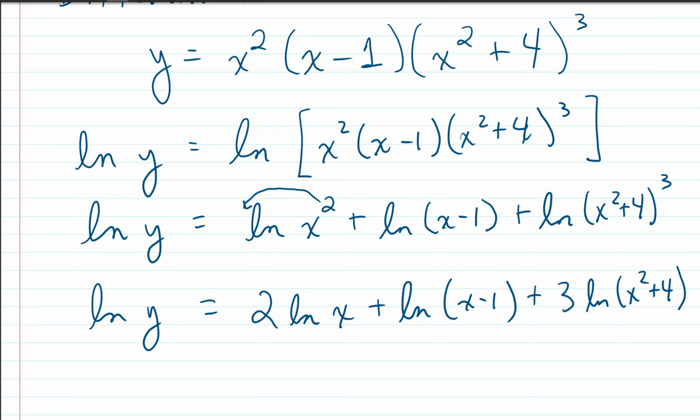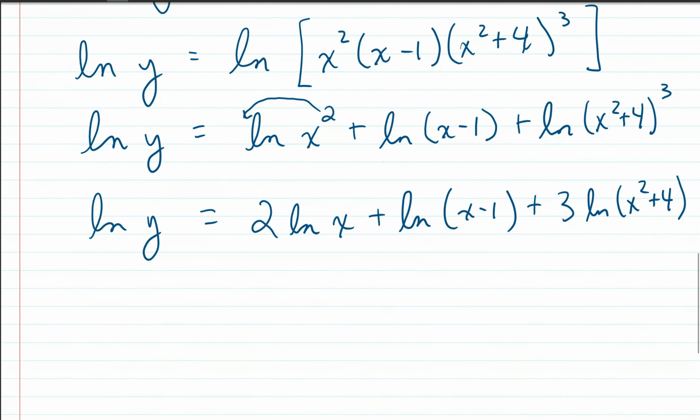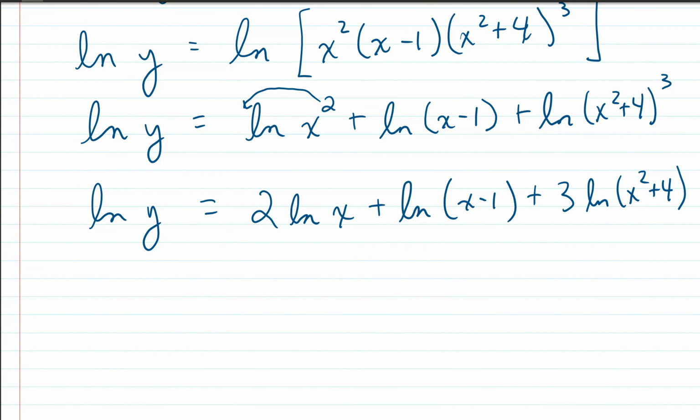So our first step was to take the log of both sides, and then we applied the properties as needed. The next step is to find the derivative of each one of those. So we're going to find the derivative with respect to x. So d/dx of the natural log of y, I'm sorry, it should say d/dx.